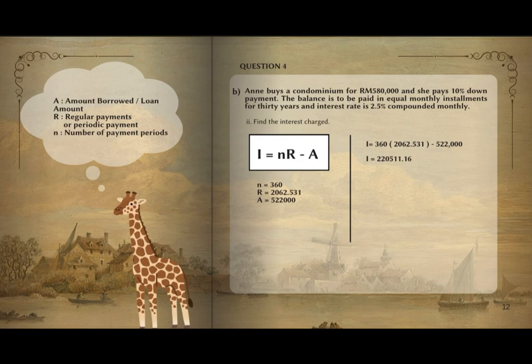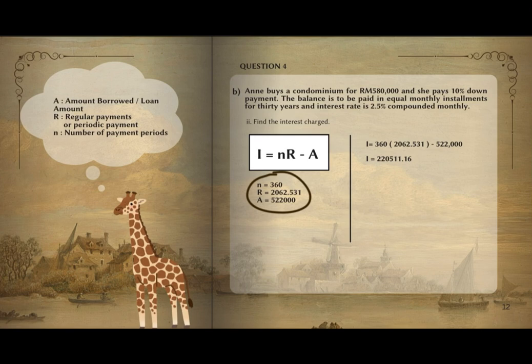Next, find the interest charge. To find the total interest charge, we use the formula I equals N times R minus A. I represents the interest charge, N represents the total number of payments, R represents the monthly payment, and A represents the amount borrowed. Then, we identify the values.